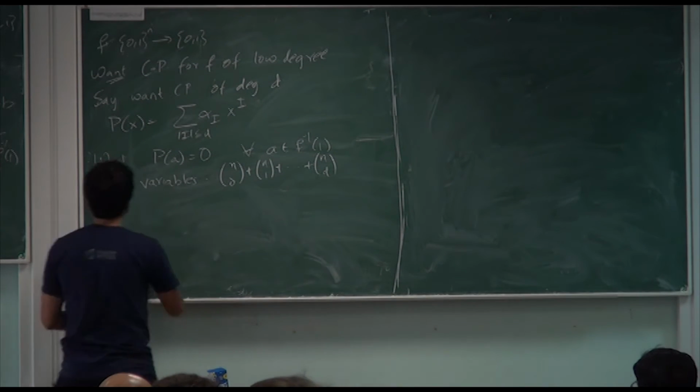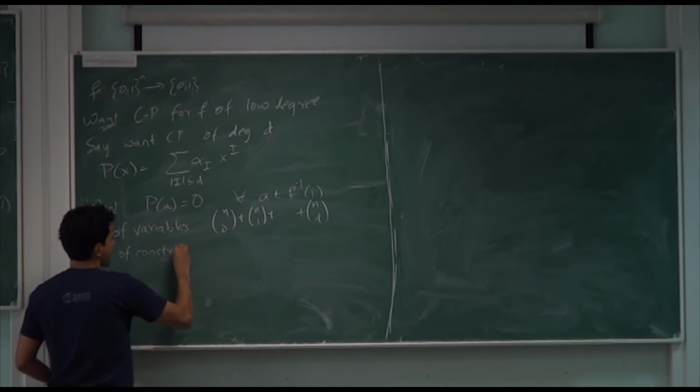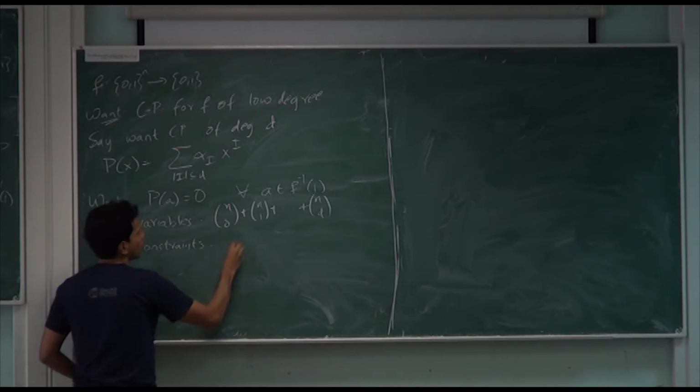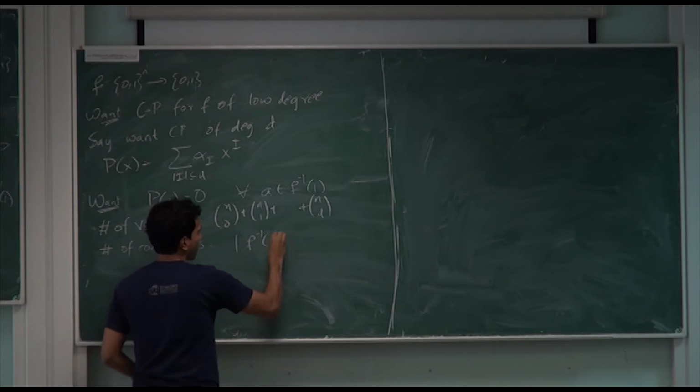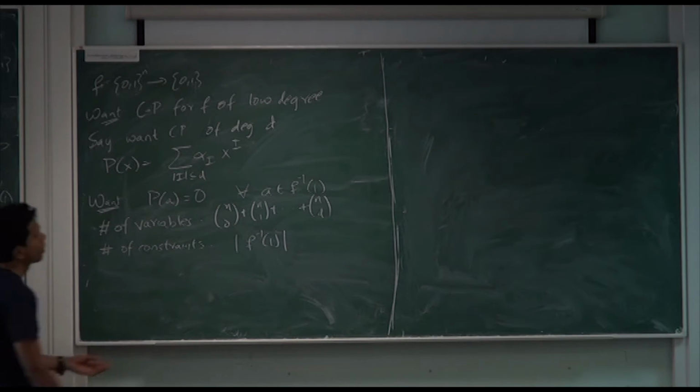And the number of constraints is the cardinality of f inverse 1. To assure myself of a non-zero solution to the system of linear equations, all I need is that the number of variables is greater than the number of constraints.